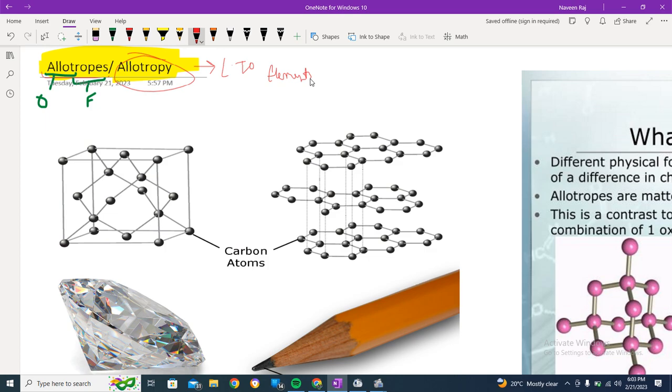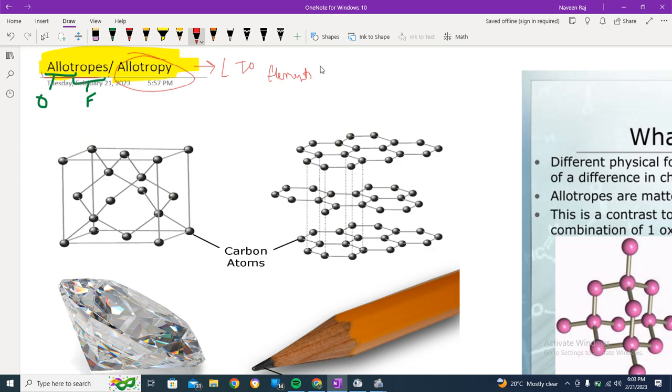Suppose you have carbon. The different forms of carbon are all called allotropes. We have heard that diamond is carbon and graphite is carbon, so these both are the same element. These are not compounds, they have similar elements, so they are allotropes.